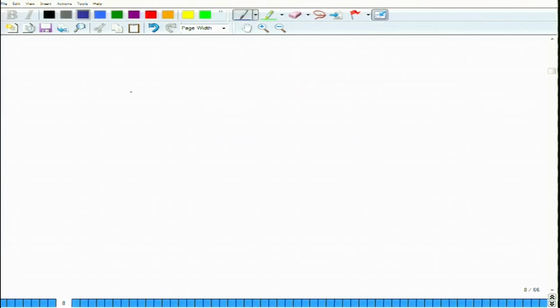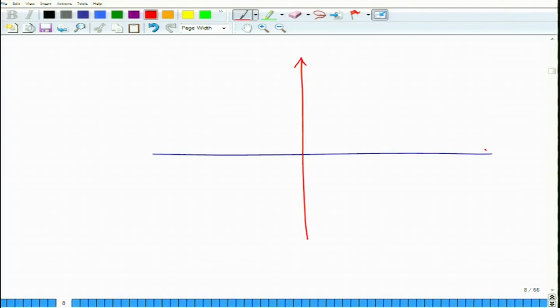The ROC plot is given similarly. This is sigma, this is j omega axis, and this is your pole which is 2, and of course, this is the pole which is 3.